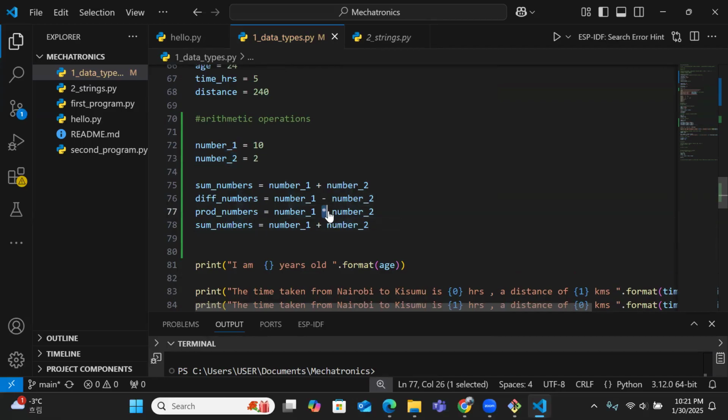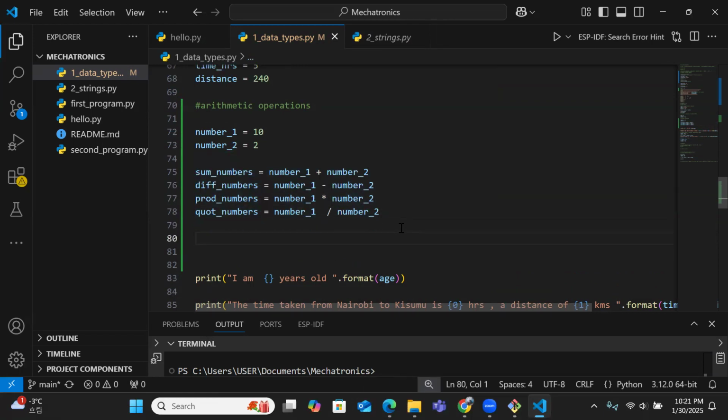I told you that in programming you use this star to represent the multiplication sign. And then quotient, which is when you divide them. In this case, you use the slash. Are we together? Yes. So you do that, and then you can print them.